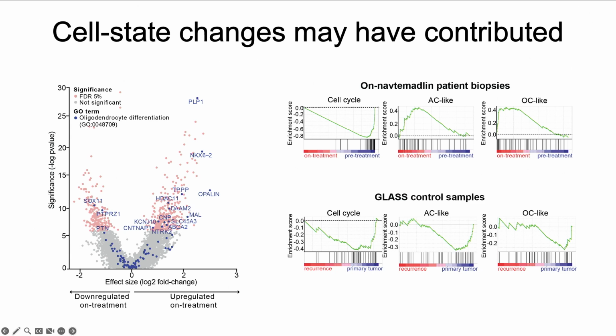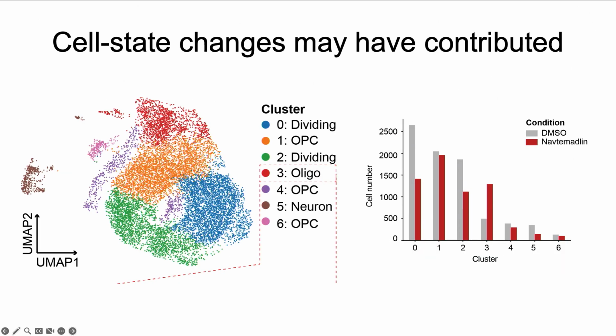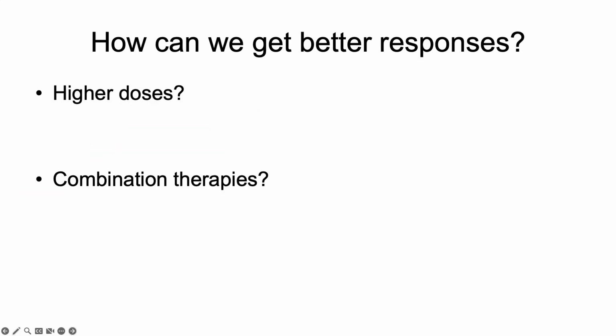And that was different from control samples again. So again, here, this is single cell data from cell line treated with navtemadlin, where we see increases in cluster 3, which represents more mature oligodendrocytes relative to progenitor-like cells, like in cluster 1 or so on. So that may have contributed.